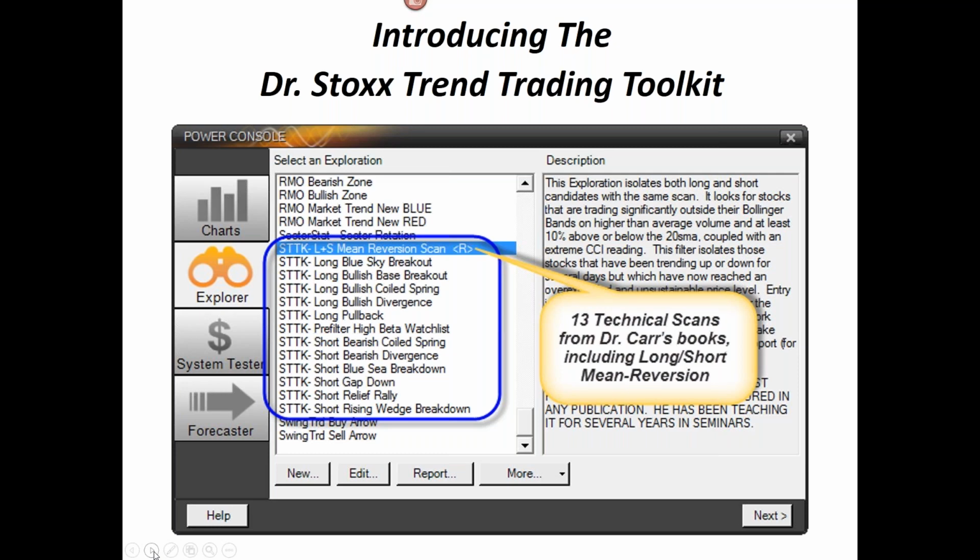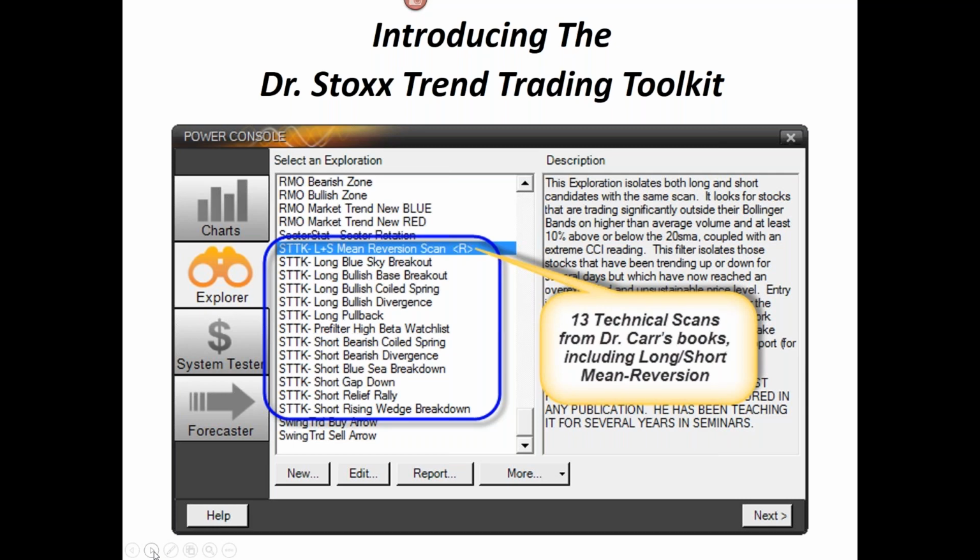You're drilling down into a specific stock or E-mini or forex. The toolkit can be applied to all of those things. You're drilling down into a specific trading vehicle, a specific security, and looking for setups using that expert advisor on the specific security that you're trading.